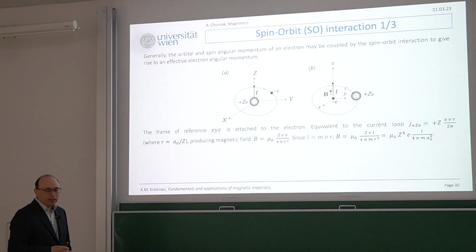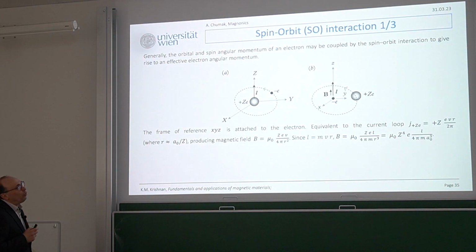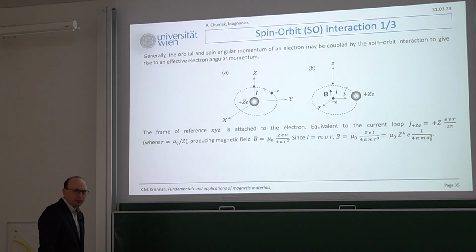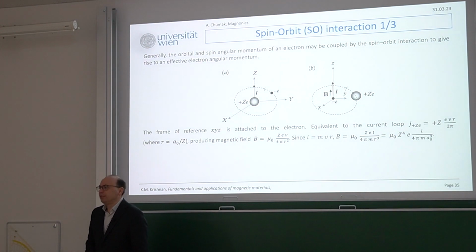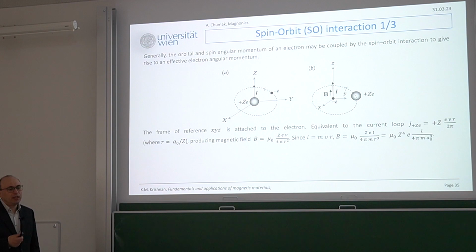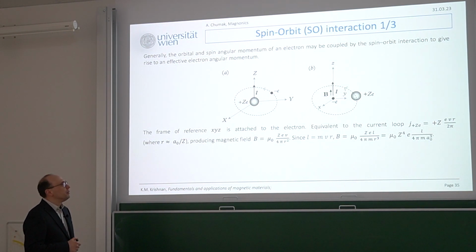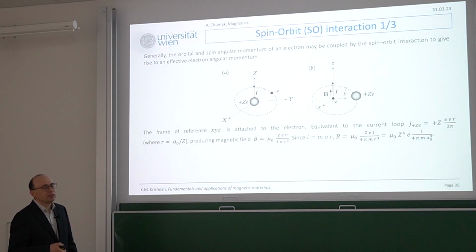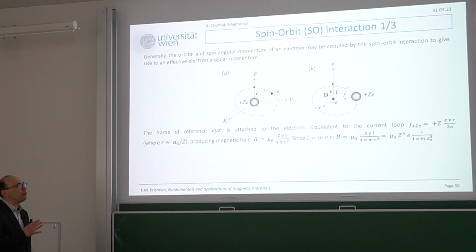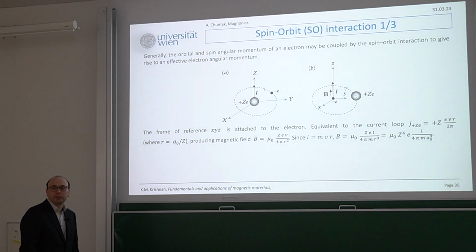But in reality they are, and the physical phenomenon staying behind the coupling is named spin-orbit interaction. So there is spin and orbit. This is a very important phenomenon which stands behind many different properties. First of all, magnetocrystalline anisotropy, which we'll discuss here, damping, anisotropic magnetoresistance, magneto-optical effects, magnetostriction. So principally, the majority of modern spintronics phenomena are in one way or another based on spin-orbit interaction.